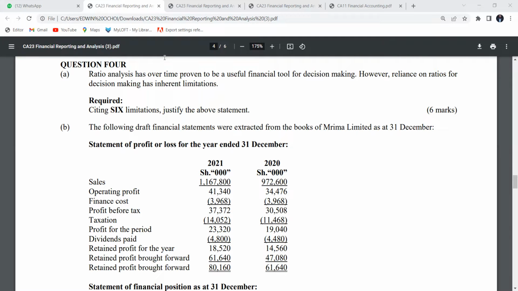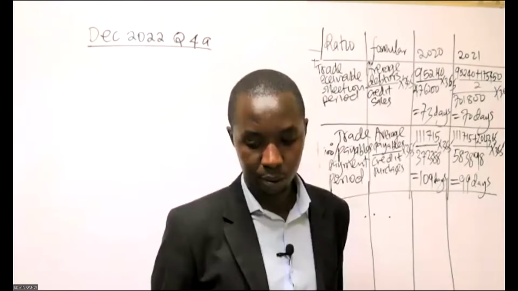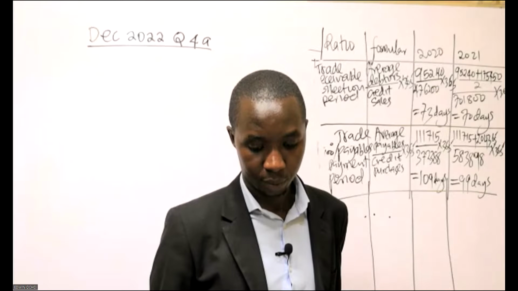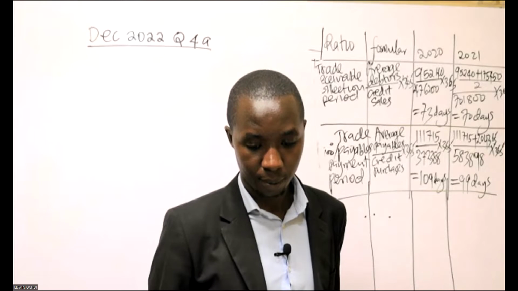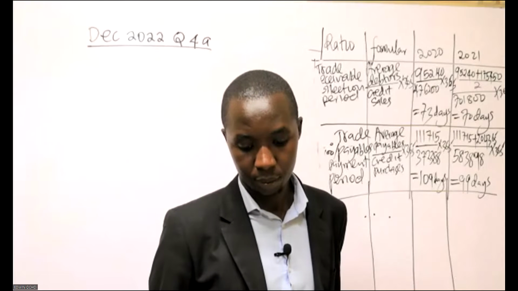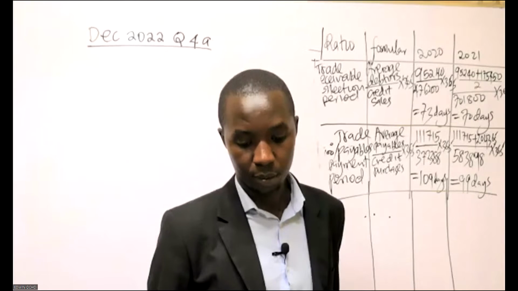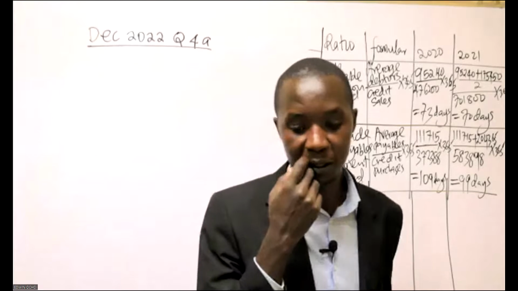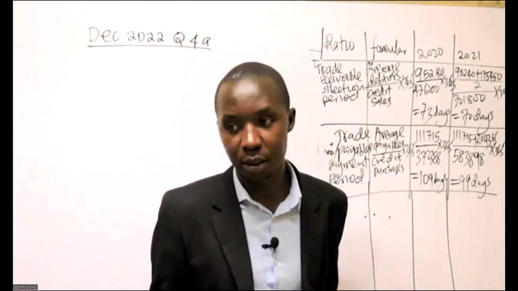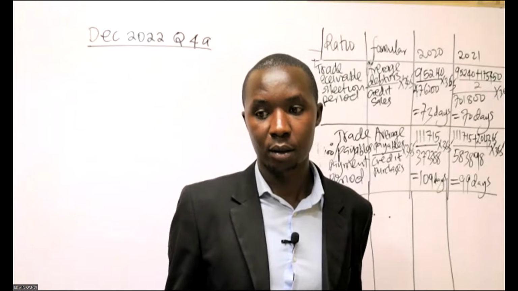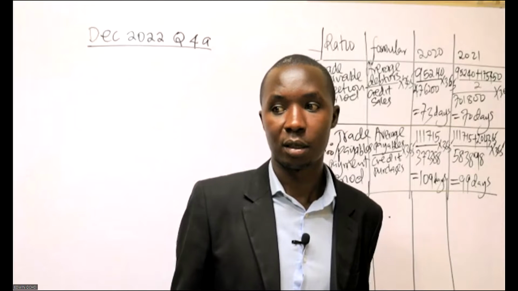Which are some of the limitations you know? Ratios use historical data, and so may not be very accurate in forecasting the future. We talked about them yesterday. Another one, like the one we are having now, a difficult time interpreting the ratios. It needs experts.